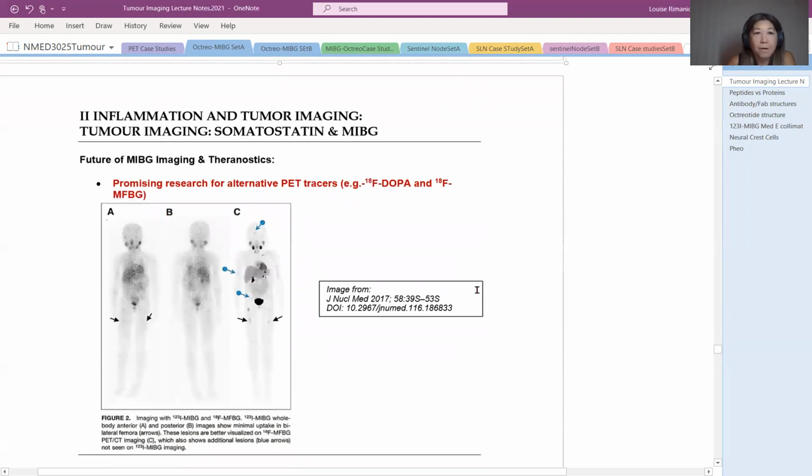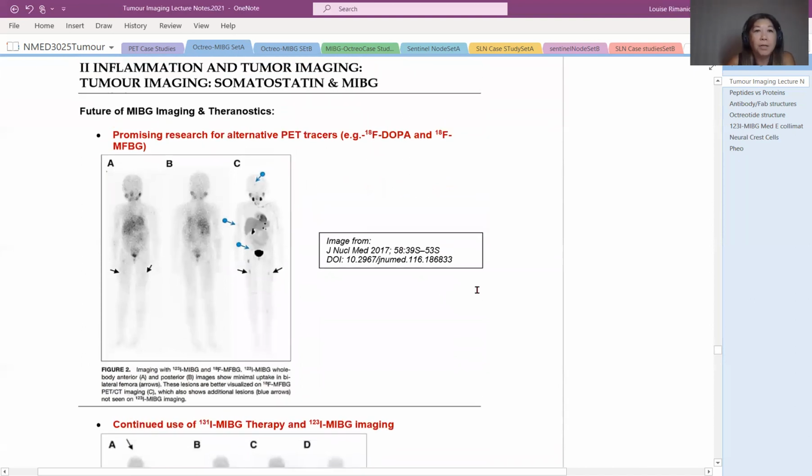So here's a couple of images that talk about the future of MIBG imaging. So here's an MIBG scan. These first two images are done with I-123 MIBG. And if you look closely, you can see where the arrows are pointing that there may be some involvement in the femoral areas.